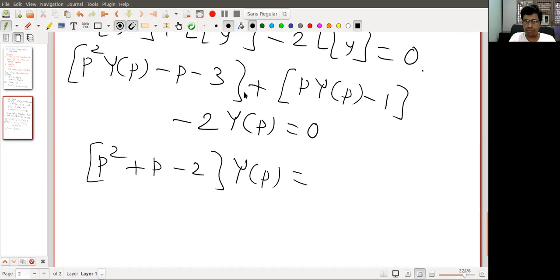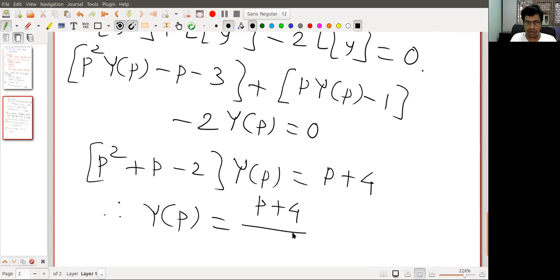So it is minus p minus 4, which now becomes p plus 4. Therefore Y of p equal to p plus 4 divided by p square plus p minus 2.